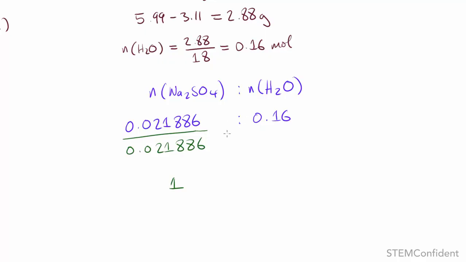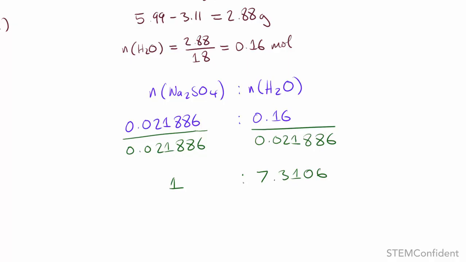Now, because it's a ratio, what I do on the left hand side, I also need to do to the right hand side as well. So on this side, I also have to divide by 0.021886. And when I do that, what am I going to get? Well, I'm going to get 7.3106.